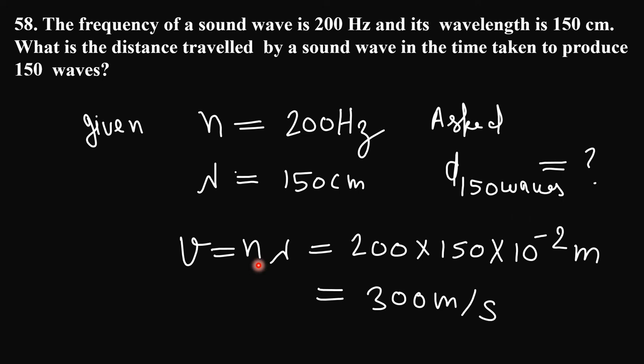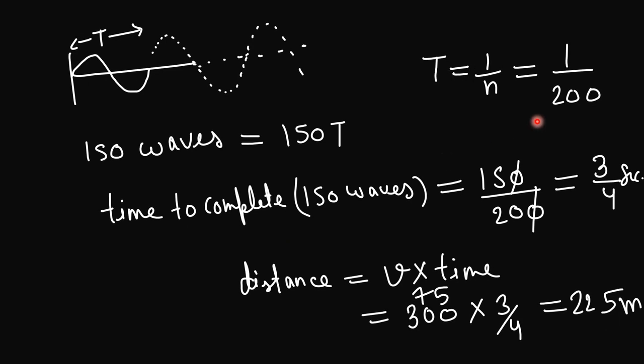So from here you can find out the velocity using this relation. You know the velocity, you know t, because t, time period, is 1 upon frequency, so you can calculate the distance. As I've told you, to complete 150 waves is equal to 150 into t, and you can calculate t by 1 upon n, 1 upon frequency.